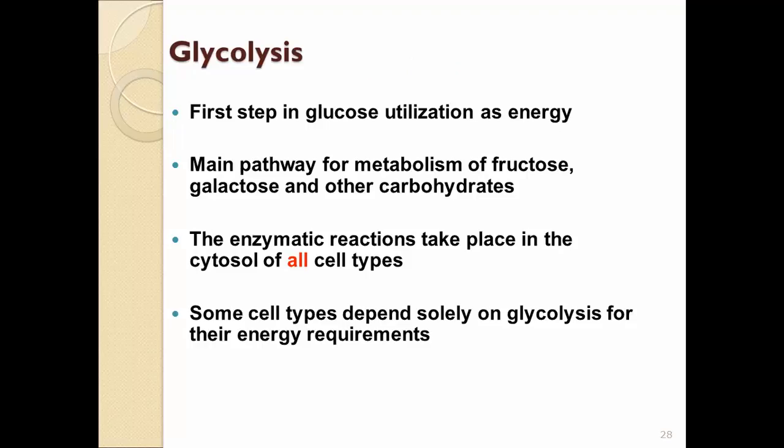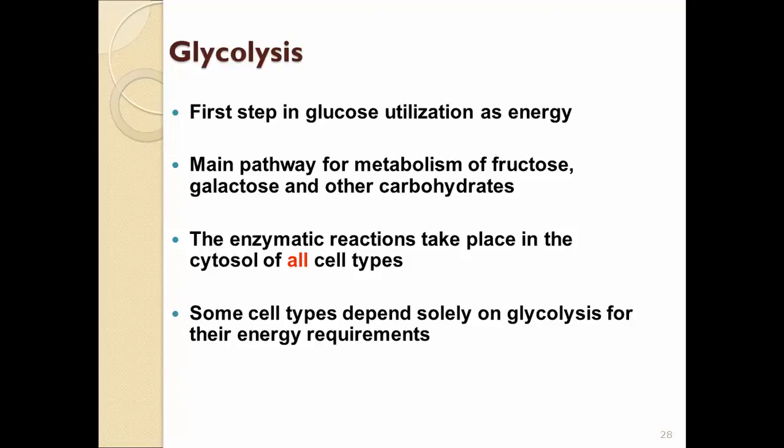Now let's talk about the first metabolic pathway of glucose, glycolysis. Glycolysis is the first step in glucose utilization as energy. Any type of cell, once it picks up glucose, can always do glycolysis first, right?